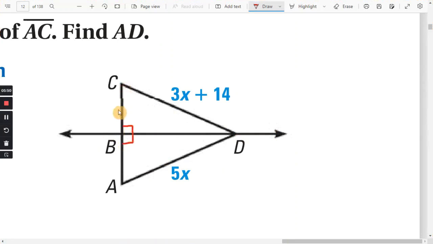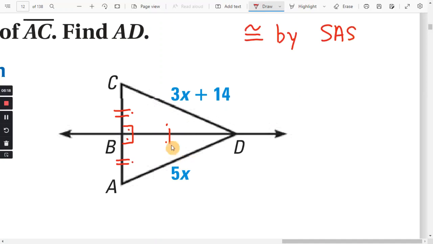And this segment is congruent to that segment. And of course, this one right here is shared by both triangles. So these triangles are congruent by side, angle, side. The congruent angle is in between the two congruent sides.